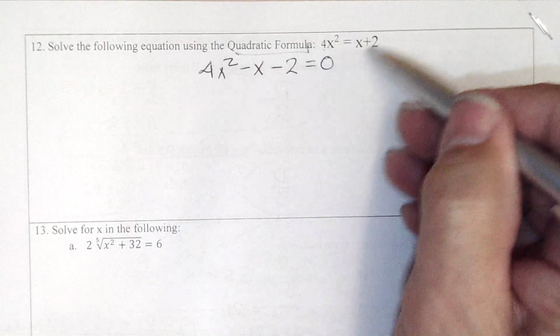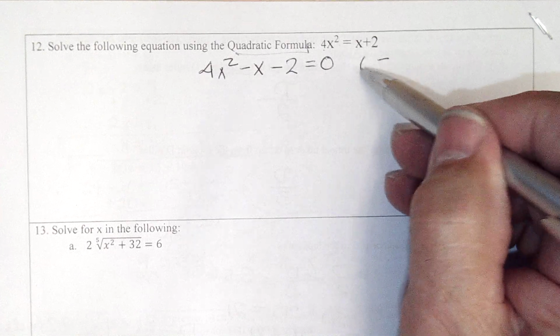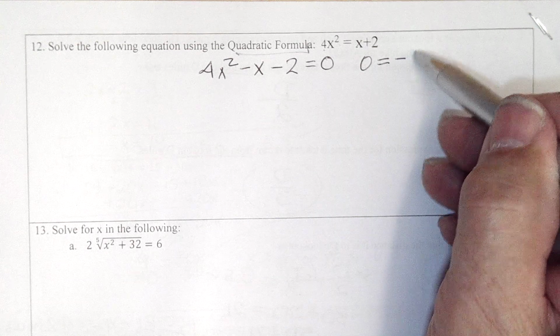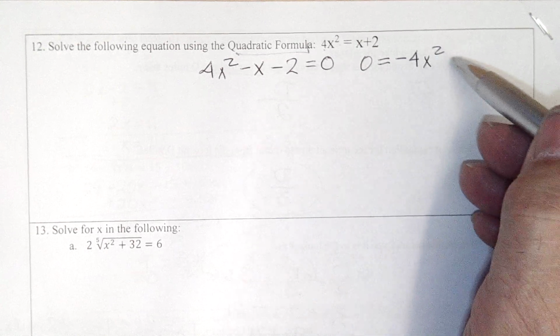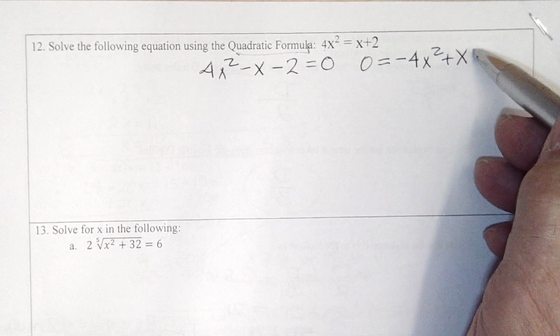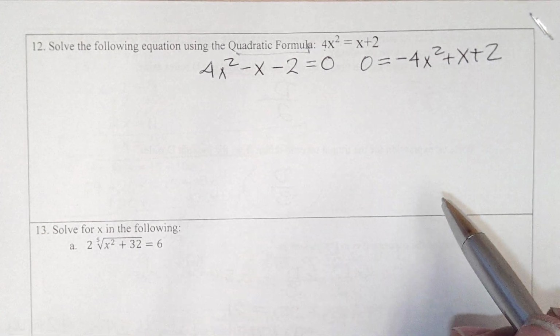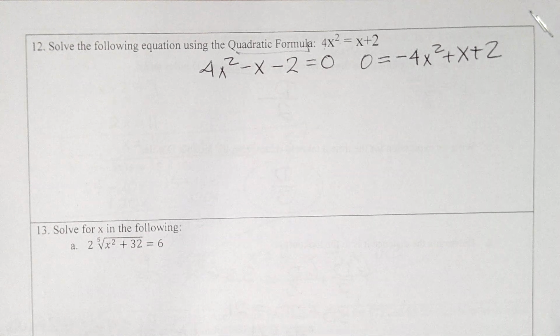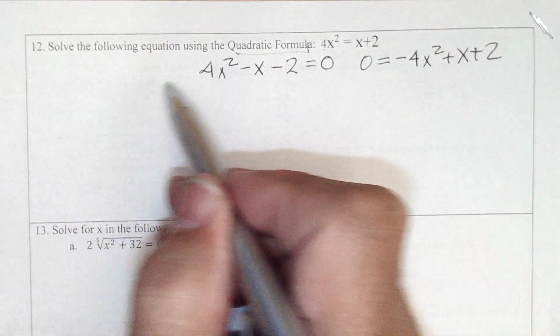Or I could have subtracted from this side 4x squared, and so I'd have minus 4x squared plus x plus 2. All it does is change the sign of the a, b's, and c's, depending on which way you move them. They're going to be the same. So I'm going to just use the one I'd had.